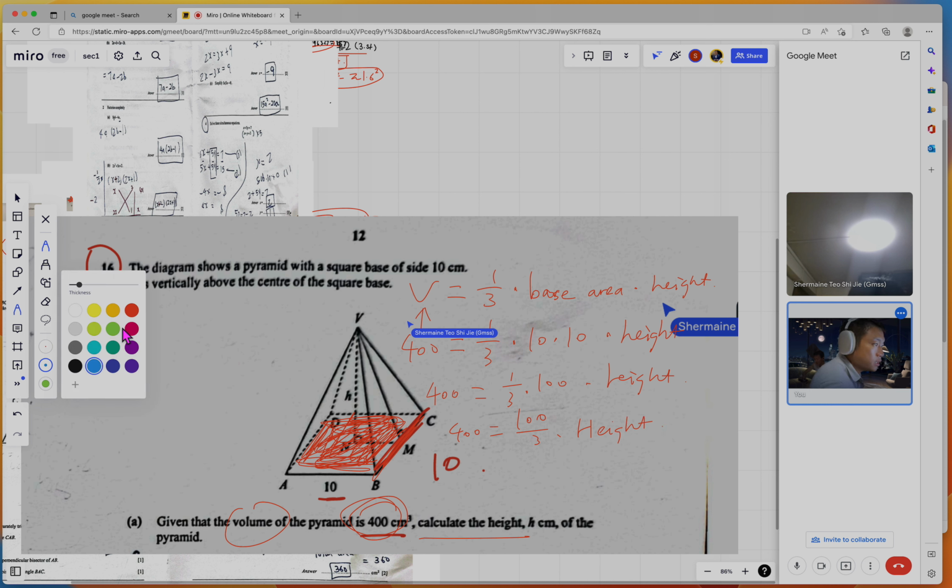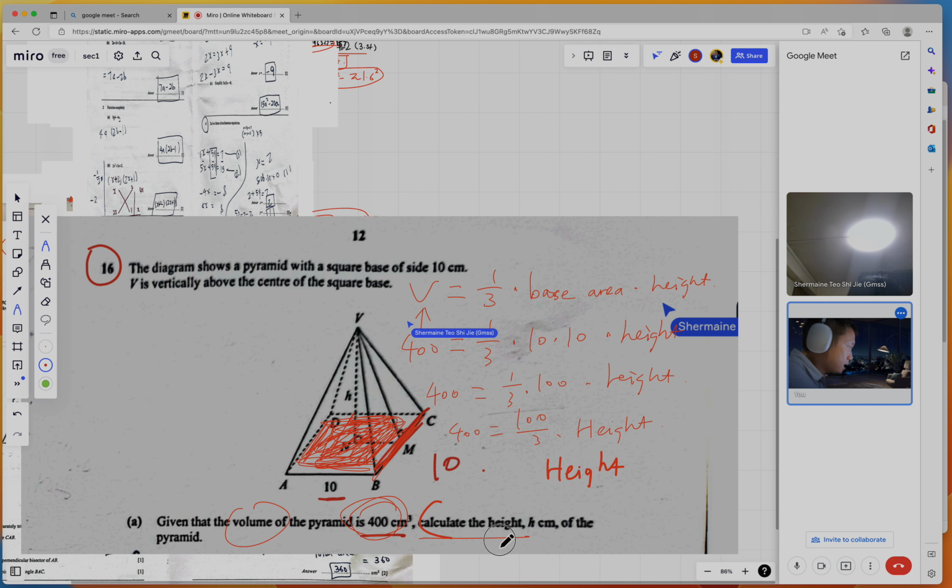What you do next: you need to find the height. They say calculate the height, right? So how do you get from this to the height? You divide by 100 over 3, so this side also needs to be divided by 100 over 3. So 400 divided by 100 over 3, what's the answer?